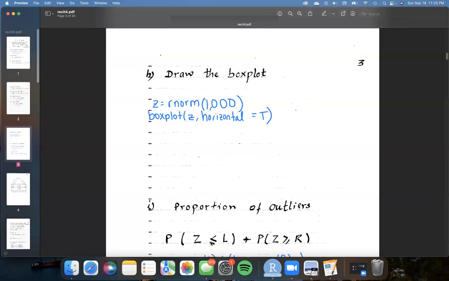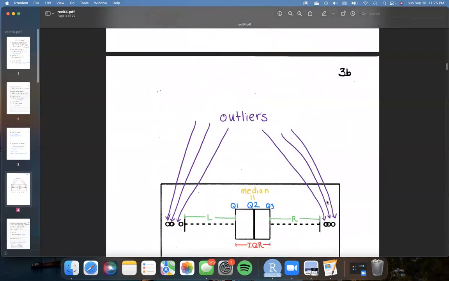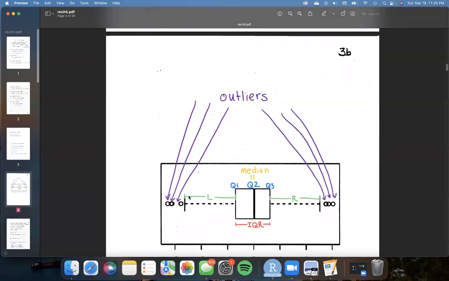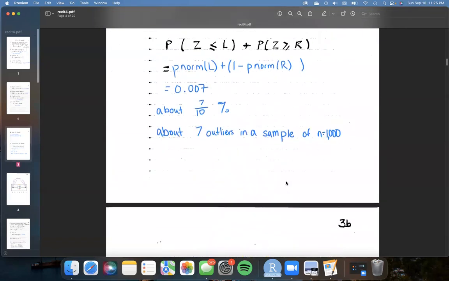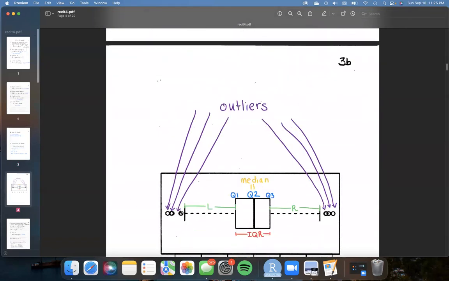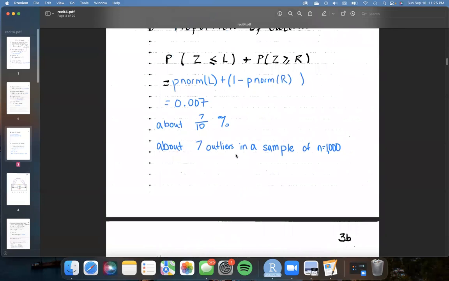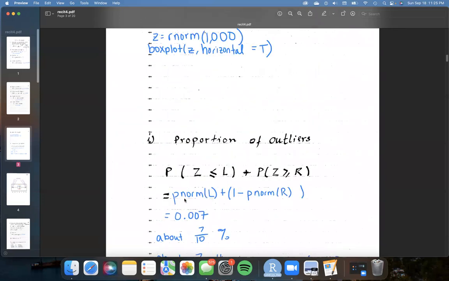So we're talking about this area here, less than the left whisker and greater than the right whisker. If we add those two together, we should get the total proportion of outliers. So here, we'll take pnorm of L plus 1 minus pnorm of R. And this will give us 0.007.